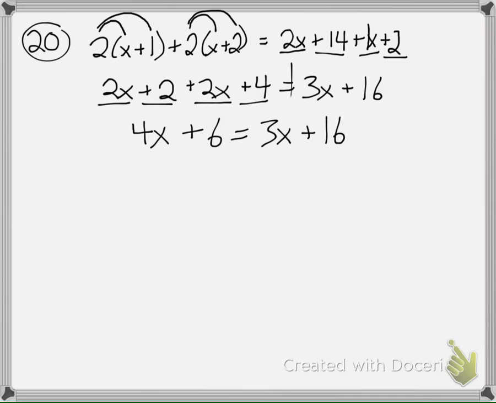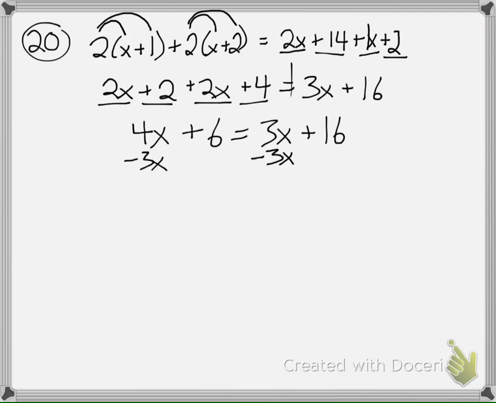So now we can actually look at solving. My preference, I'll get rid of this 3x on the right hand side, so I'm going to subtract it from both sides. Notice this time I'm subtracting 3x from the right hand side and I'm subtracting 3x from the left hand side, so now my equation still is equal. So 4x minus 3x gives us 1x. And guys, if it's 1x, you can just write x.